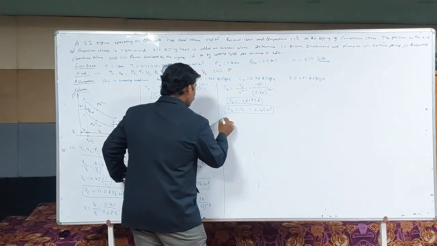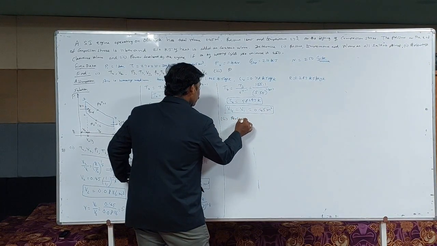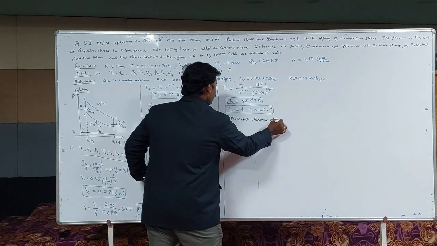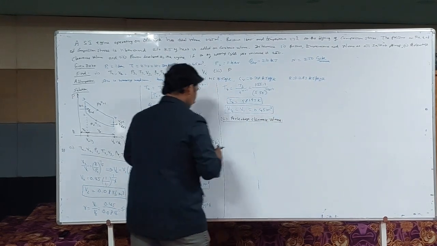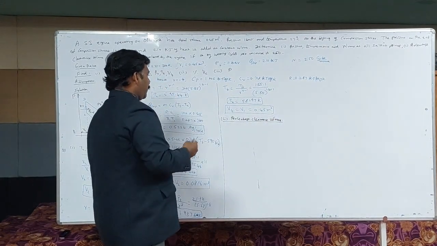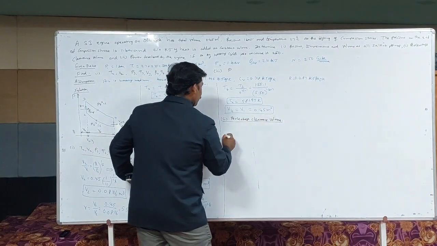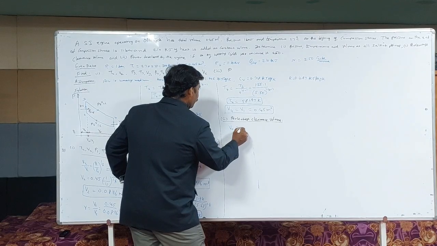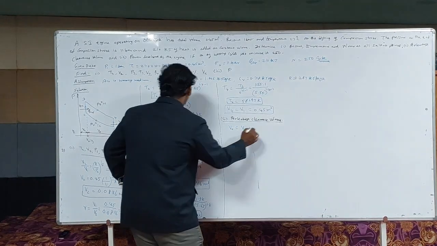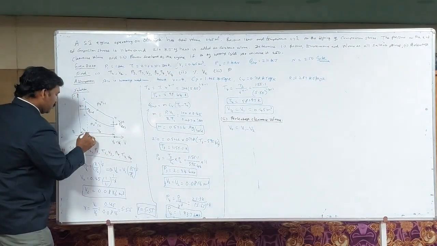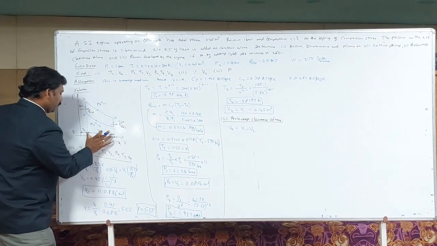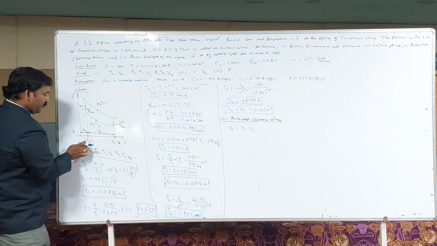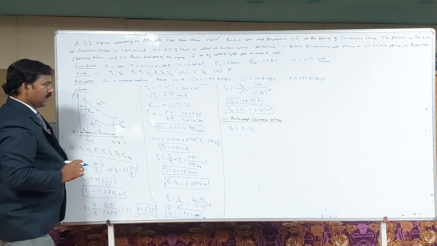The second one is the percentage clearance volume, for which we have to find out Vs first. The Vs is equal to V1 minus V2, you can see here. So V1 minus V2 is the swept volume.